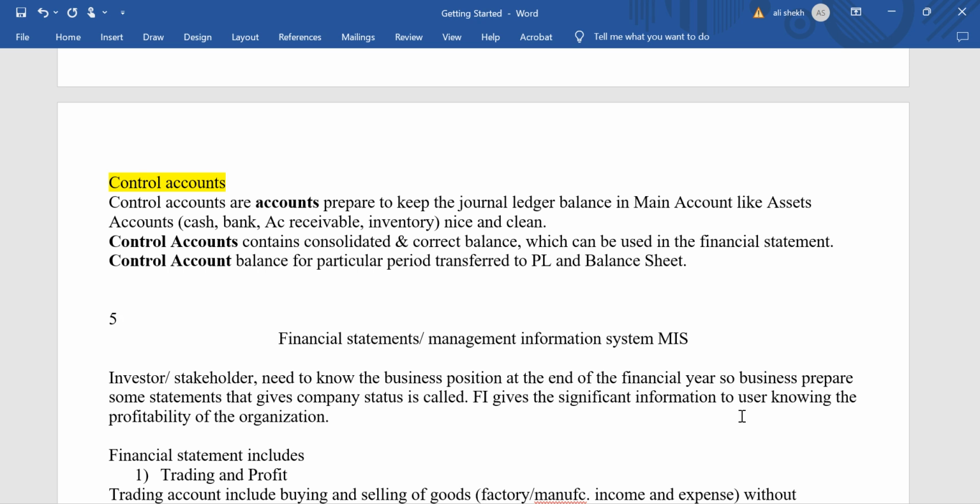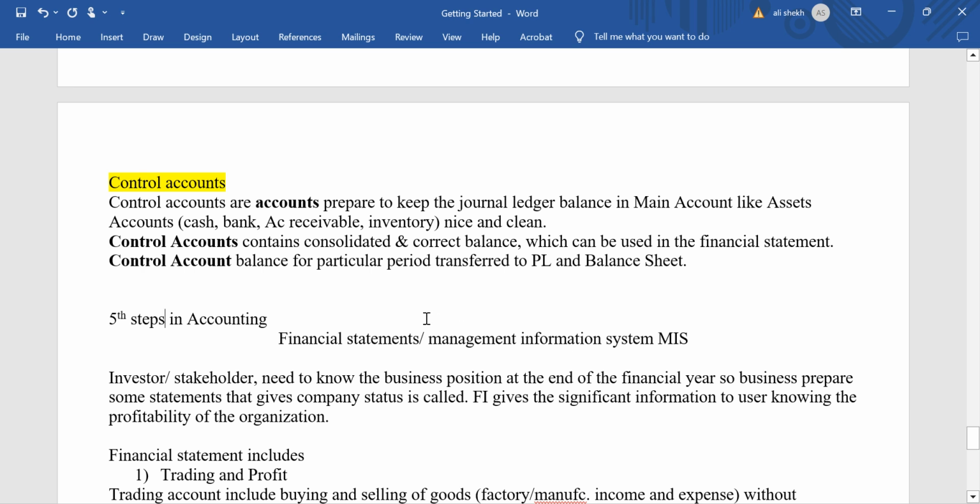This is the fifth step in accounting. What is the step?